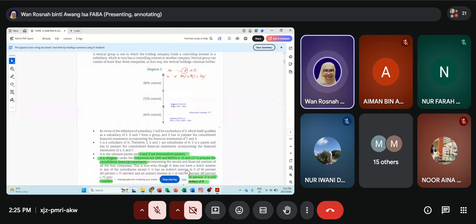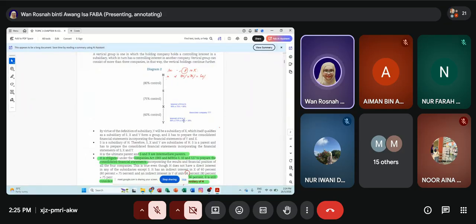And if you look at Y, Y is considered as a subsidiary of H, the holding company, right? So the interest of H in Y will be calculated by 80% of 75% of 60% of investment.